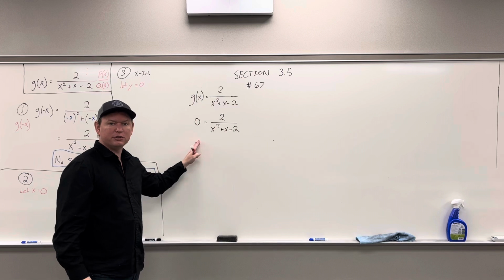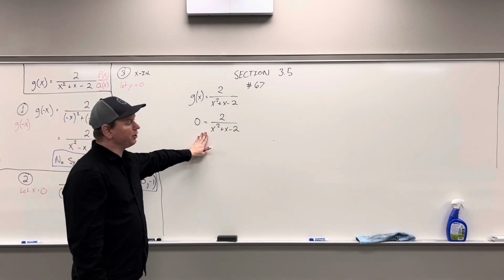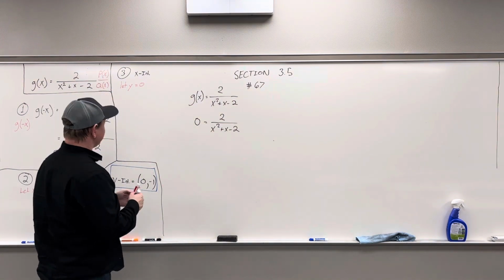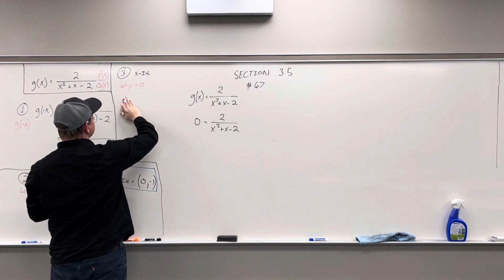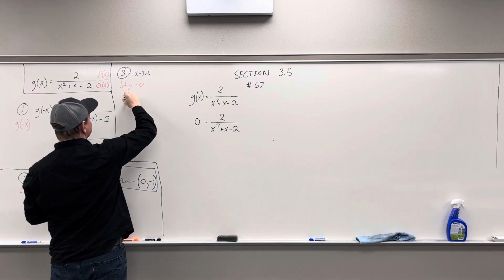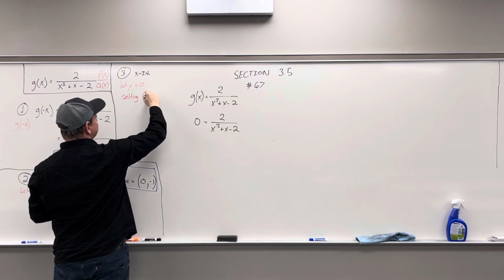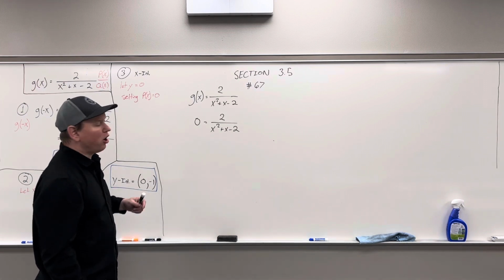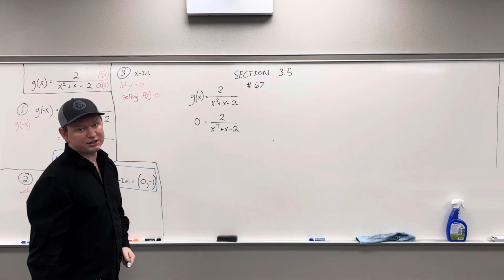There's not too much of a need to do this, depending on how you want to go, but Professor Lopez has this statement there, and basically you're setting p of x equal to 0, which all that means is we're setting the top part equal to 0.